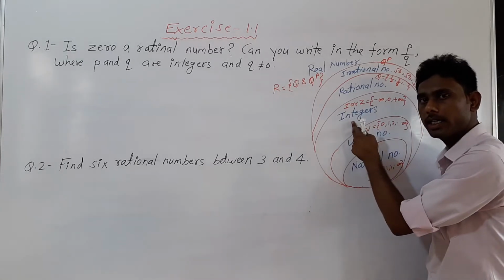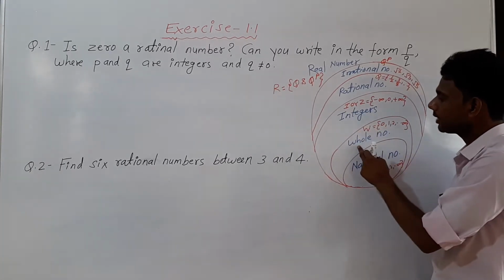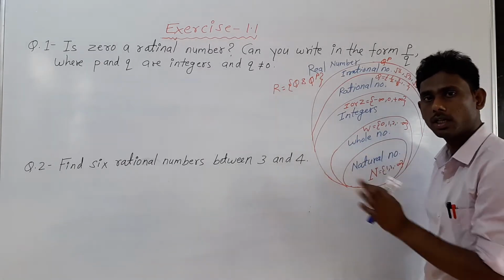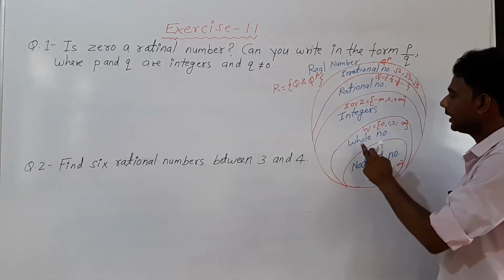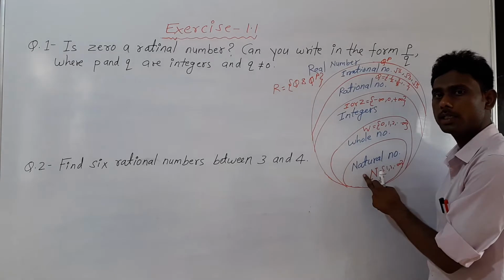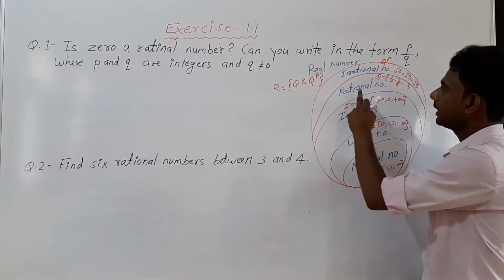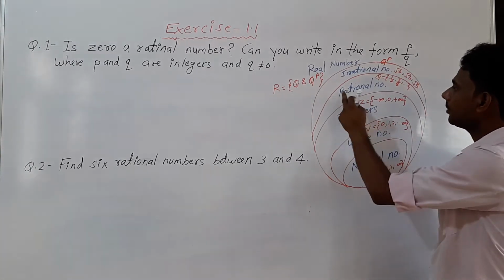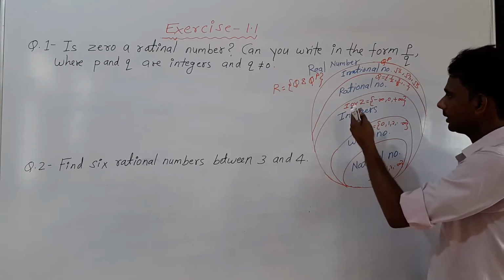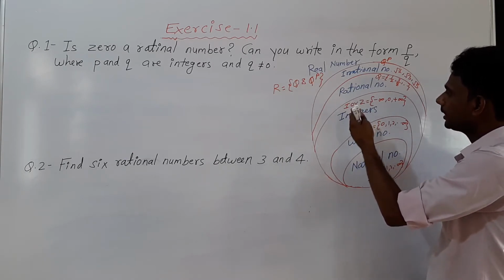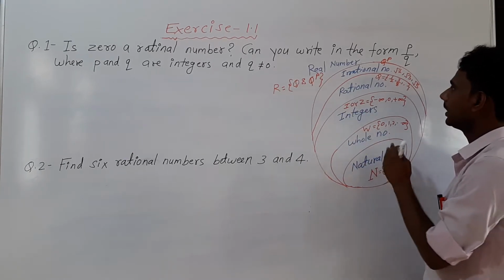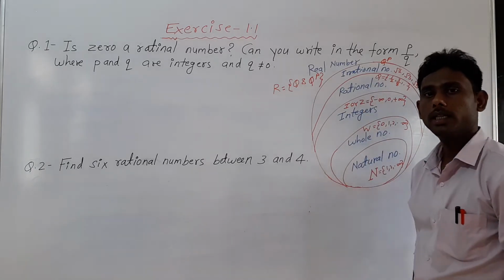All integers are rational numbers. It also includes whole numbers. All whole numbers are rational numbers. It also includes natural numbers. All natural numbers are rational numbers. Means rational numbers contain all three.